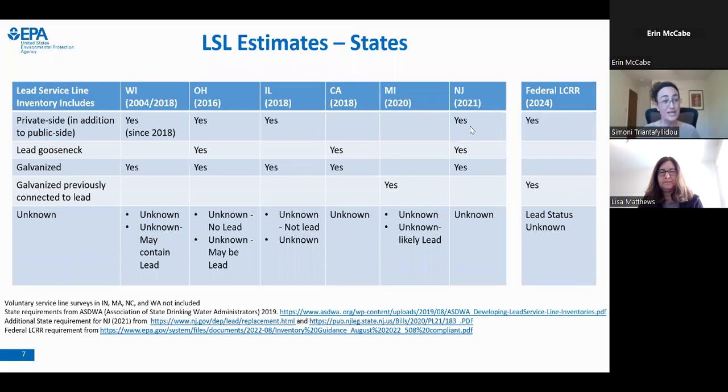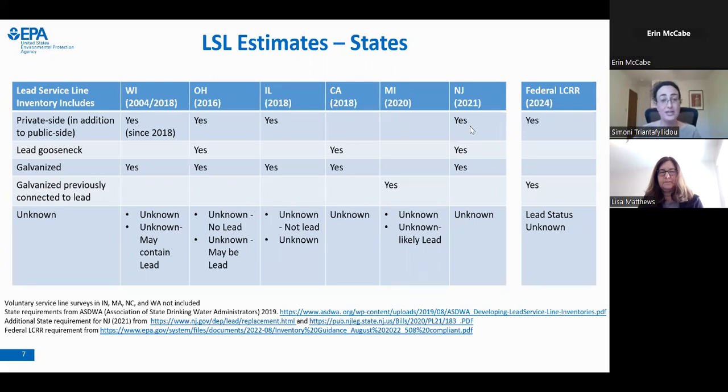Here, I just wanted to point out, and I was inspired by a previous similar table created by ASDWA, the Association of State Drinking Water Administrators, which shows different language used for different inventories and different requirements from different states.